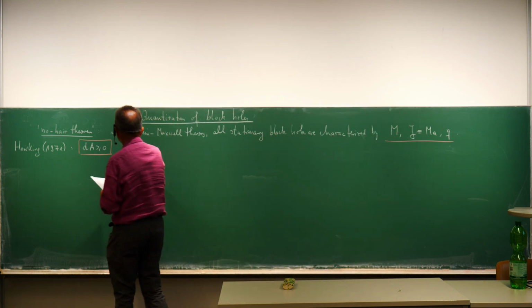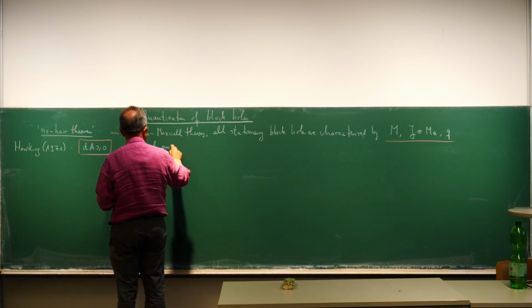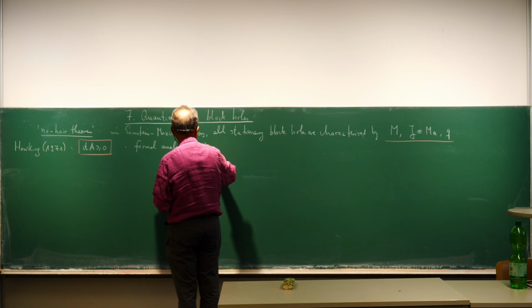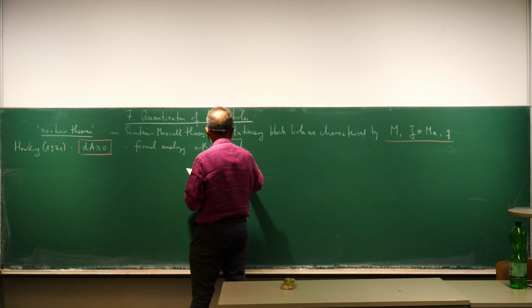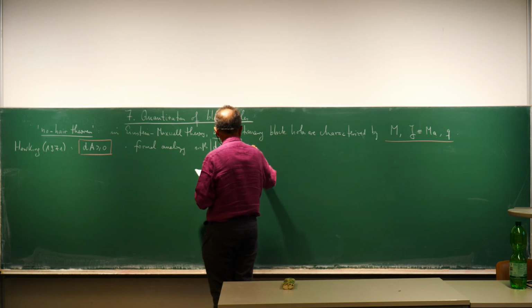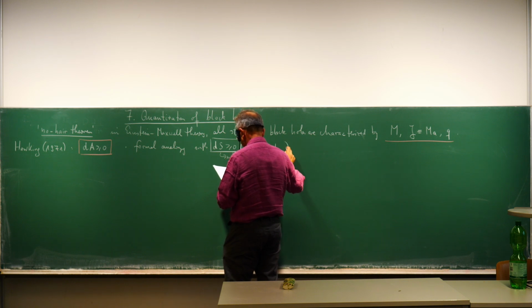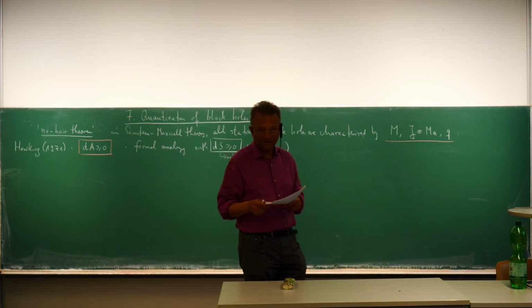So there is at least a formal analogy with dS, the entropy for a closed system. Okay, you might say, well, this is just an accident and it has nothing to do with it.